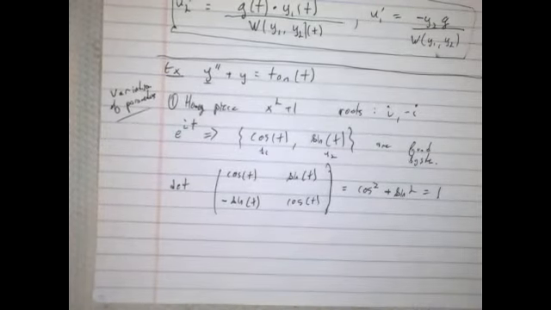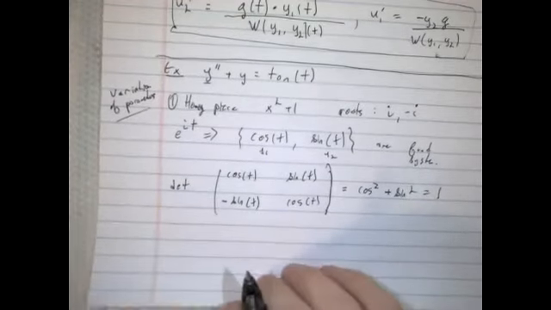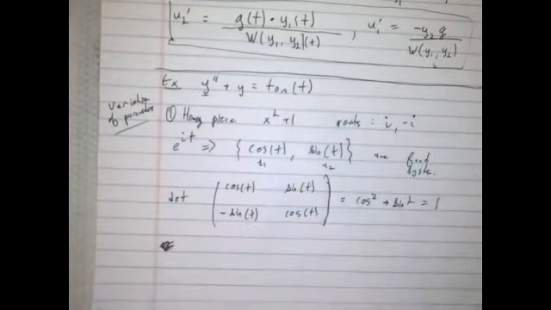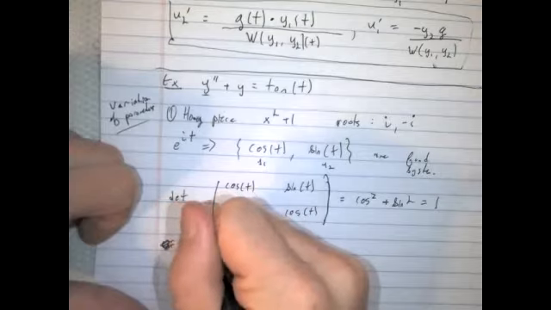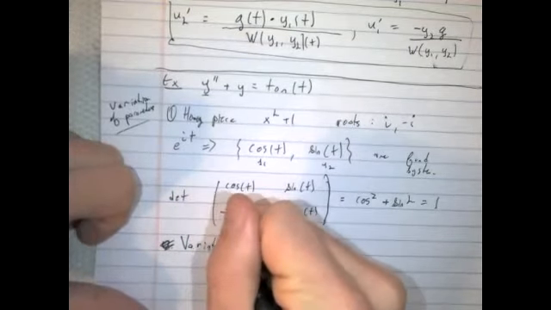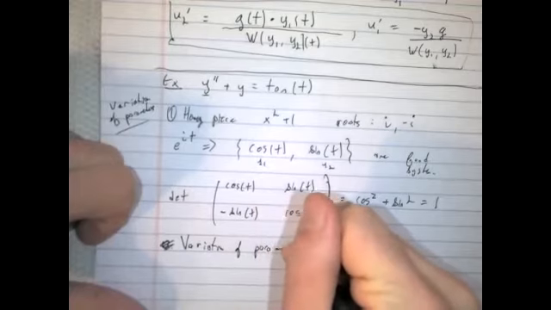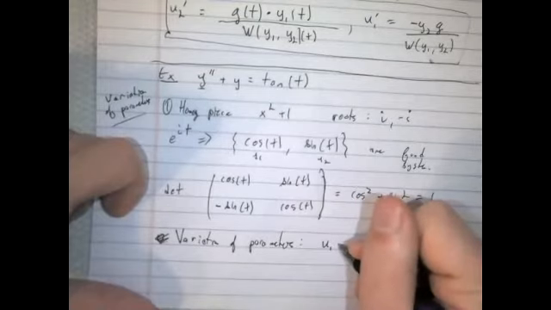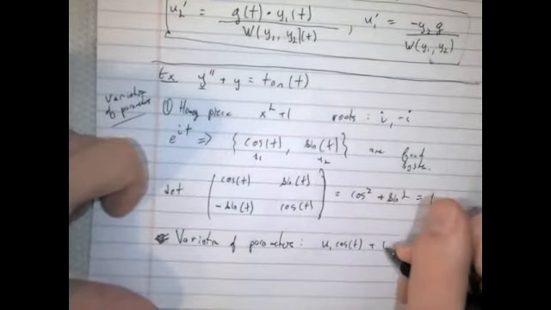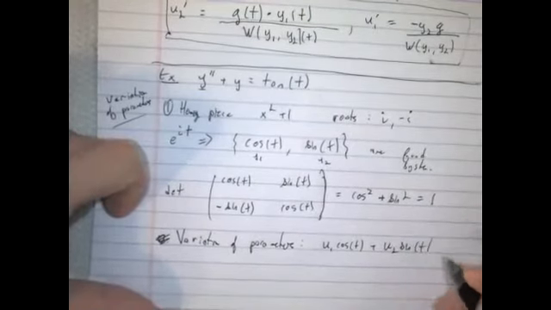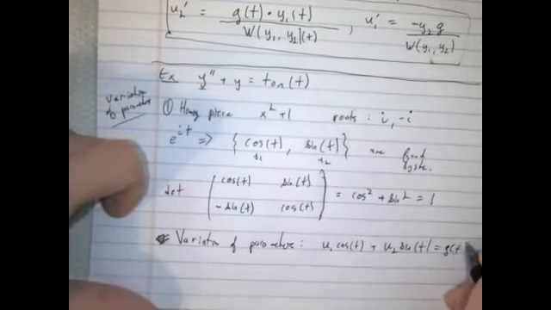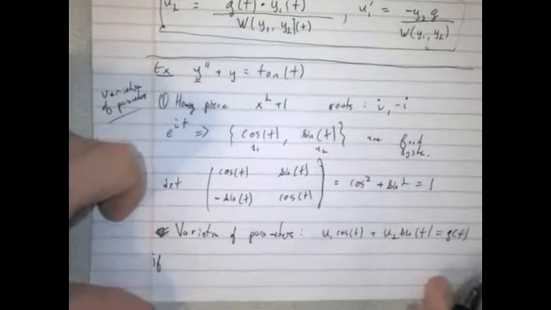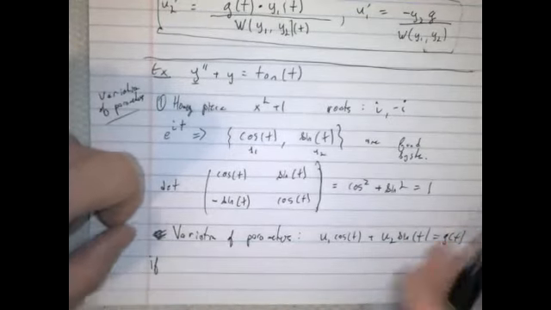Okay, what does variation of parameters now tell us about u2 prime and u1 prime? So let me say it as follows. Variation of parameters says u1 prime times cosine of t plus u2 prime times sine of t is equal to 0, if, and it's not an if and only if, it's just an if. There are many other options.